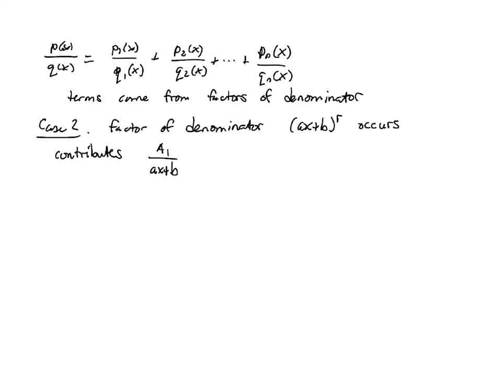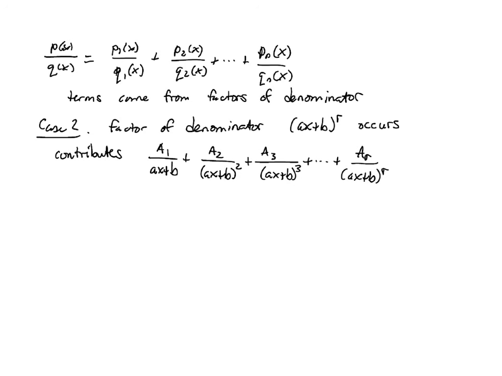So I have an a1 over ax plus b, like we did in the previous case. Then I have more terms, so a2 over the square of ax plus b, and then a3 over the cube, and so on up to ar over ax plus b to the r.